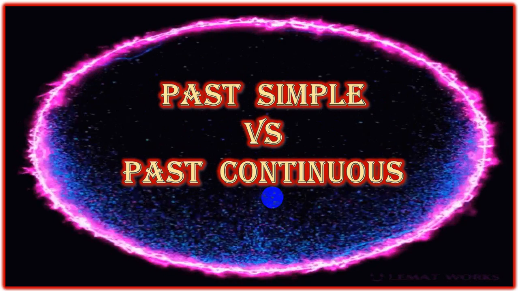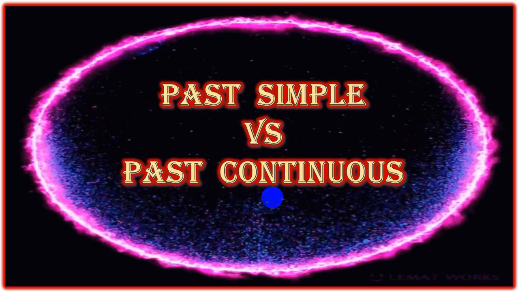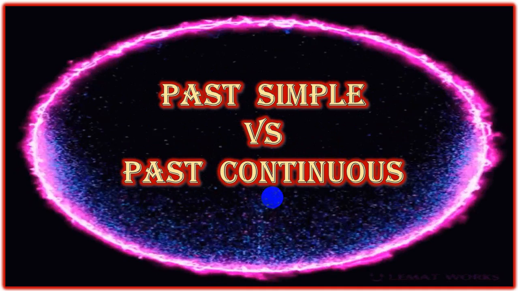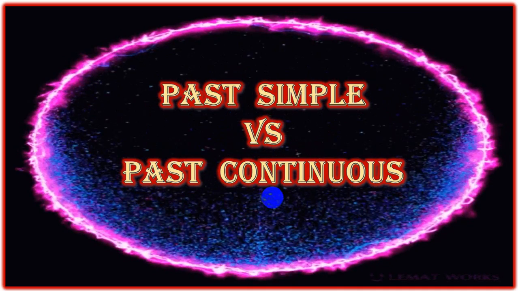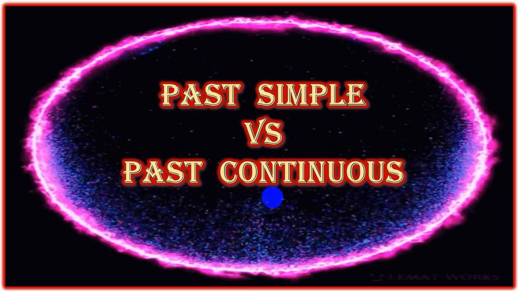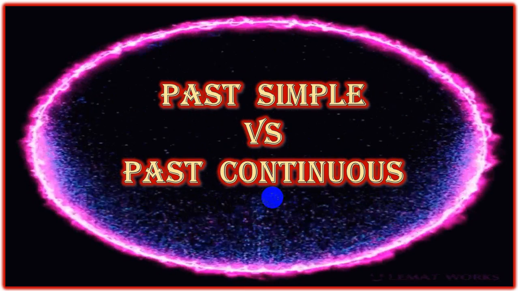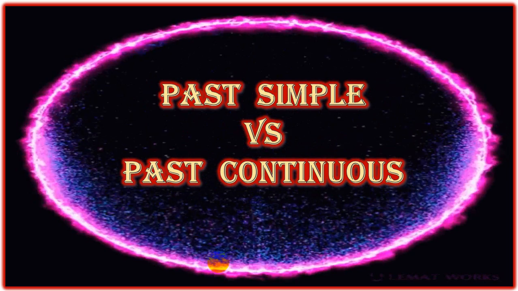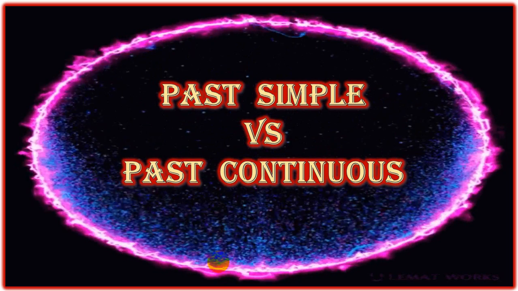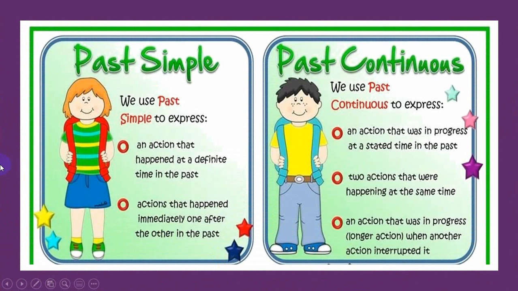Past simple refers to actions that happened or started and finished in the past, when we want to express something finished. Let's see its usage.